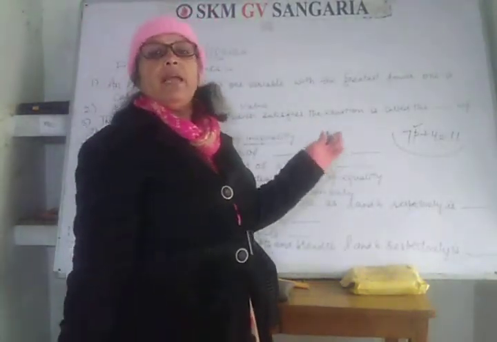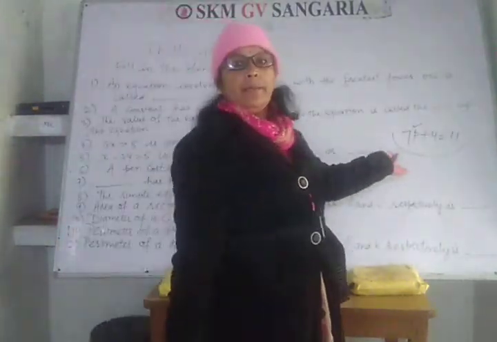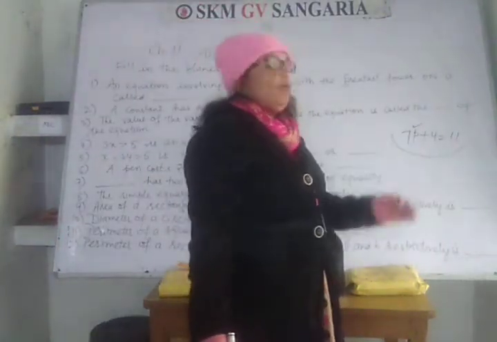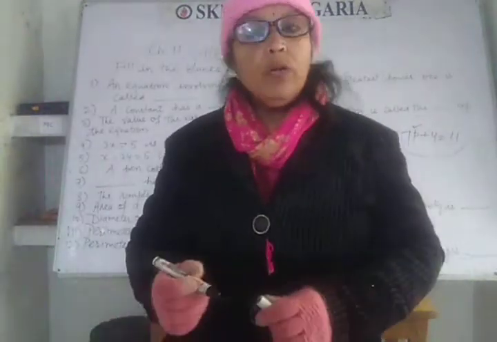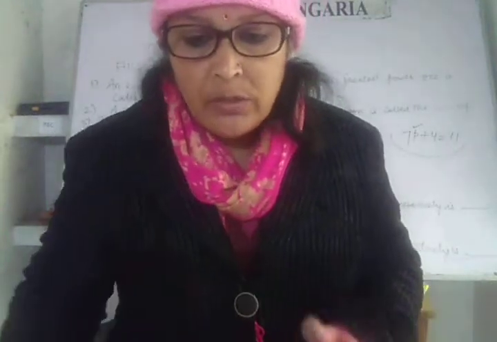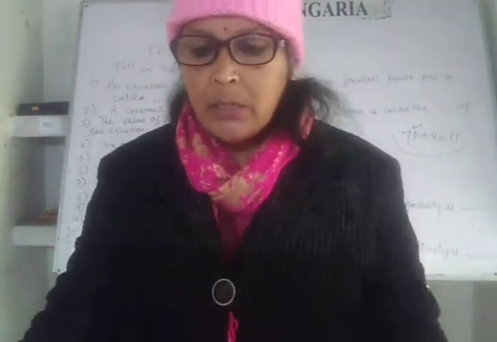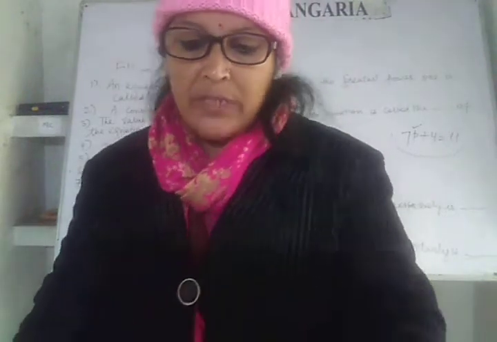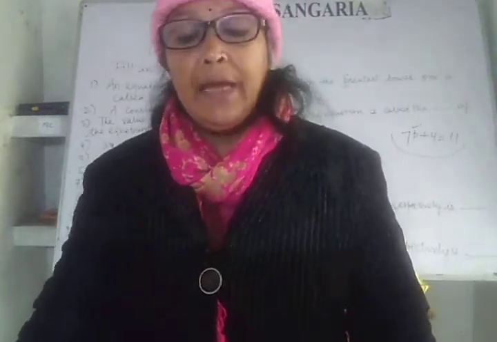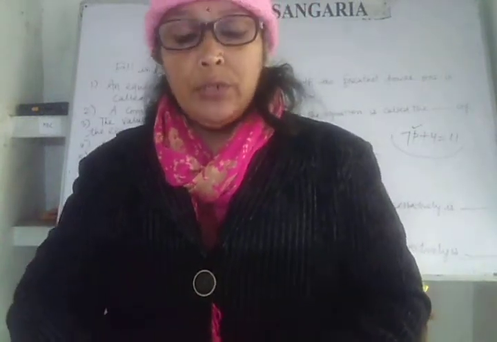When we give a value to p, its value will change. Then 4 and 11 here are called constants. A constant is something whose numerical value remains always fixed, and using variables and constants we can frame many expressions.